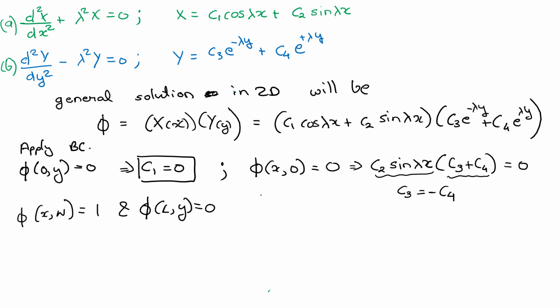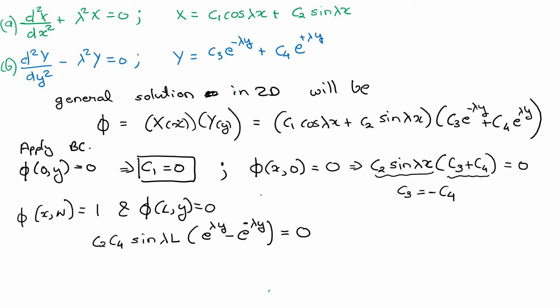Applying these boundary conditions, we get C2 into C4 into sine of lambda times L into (e to the power lambda y minus e to the power minus lambda y) equals 0.